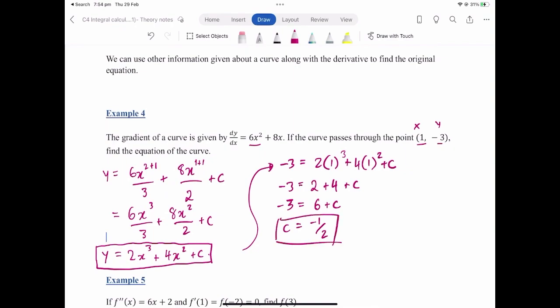So if c is equal to -9, that means that the function that goes through the point (1, -3) that has derivative 6x squared plus 8x must have been 2x cubed plus 4x squared minus 9.